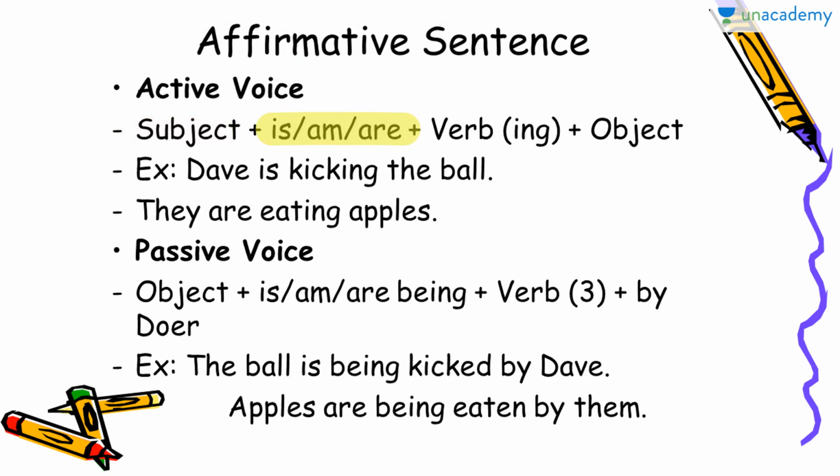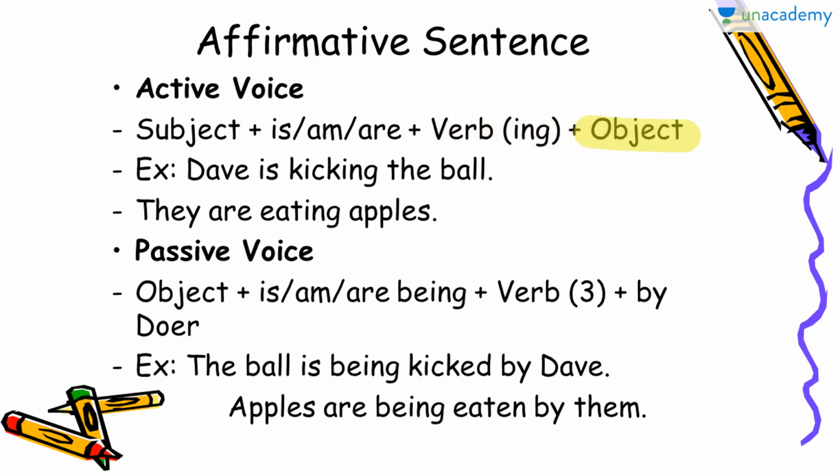Then is, am or are depending upon the subject. If it is singular then is, if it is plural then are, if I'm talking about myself, then am. Then verb ing. Now verb ing means I am adding ing at the last of my verb. So that is the ing form of verb.